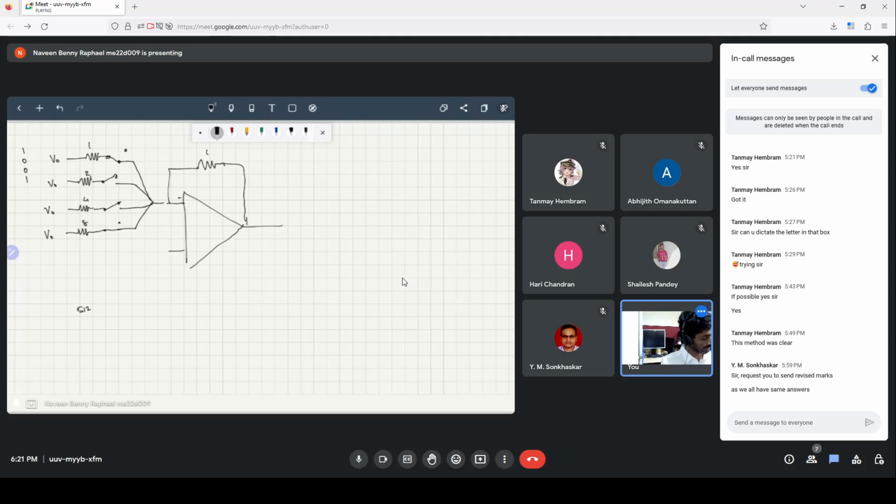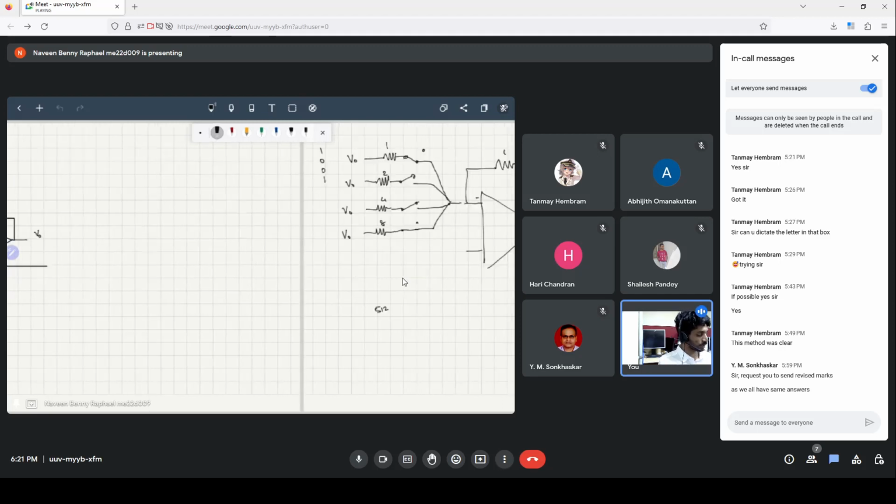Therefore, this is one way you can make a digital to analog converter using the adder principle of the operational amplifier. But as I said, the main issue here is we need a wide range of resistors.